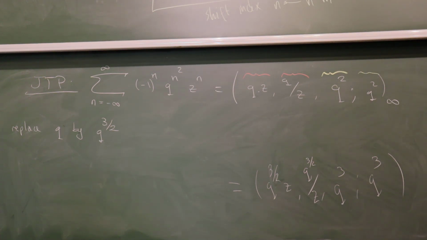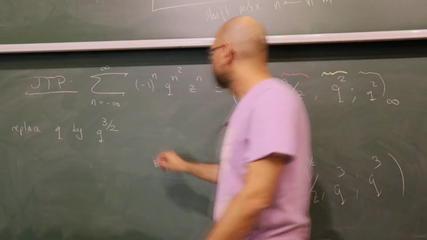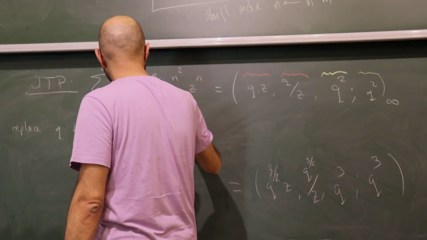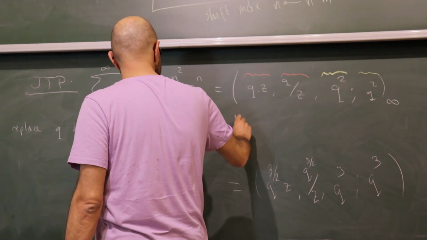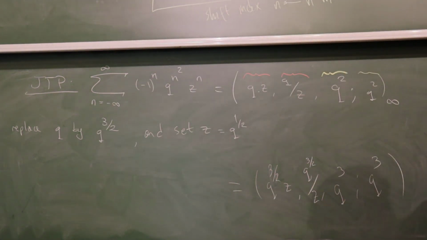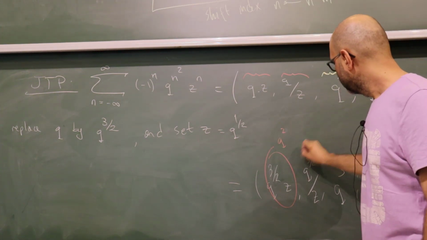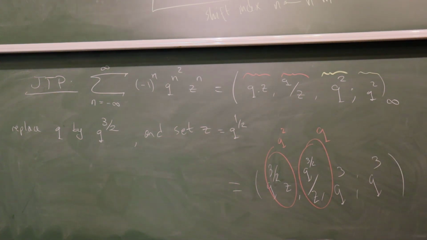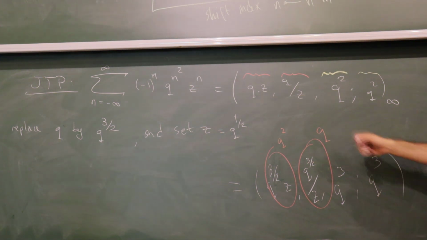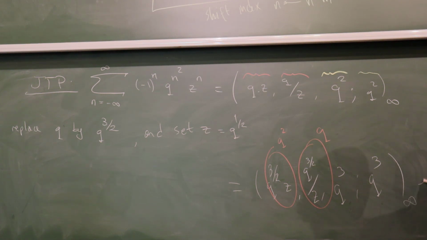Replace Q by Q to 3/2 and set z equal to Q to 1/2. Once you set z equals Q to 1/2, this is going to be Q squared. This is going to be Q, and both Ali and Joanne showed you that if you have Q squared and Q cubed sub infinity, this is going to be Q sub infinity.